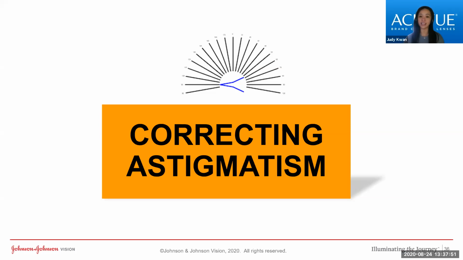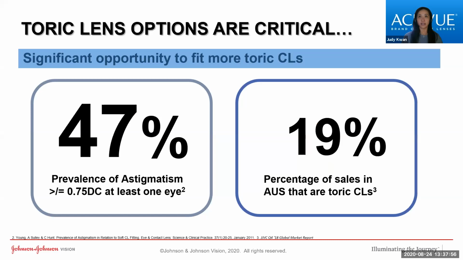Yeah, so let's delve a little bit deeper in terms of astigmatism. Now, in terms of the opportunity, we know that there are actually 47% of our population that have astigmatism greater than or equal to 0.75 diopters in at least one eye.